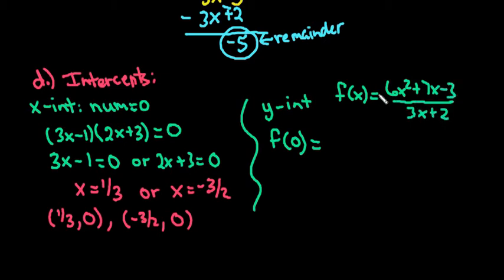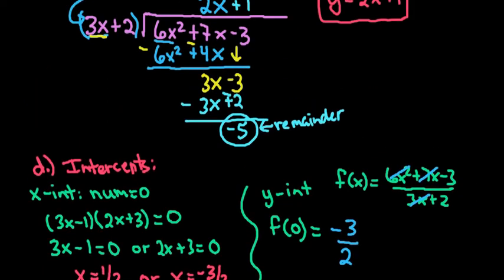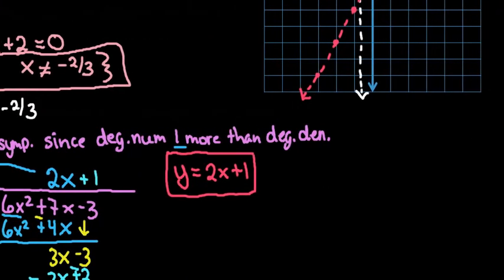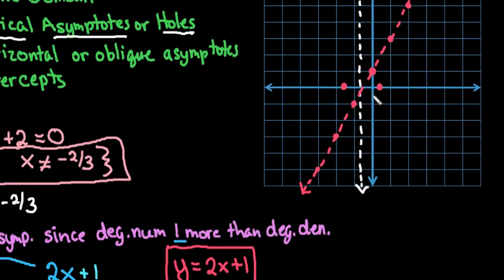So if I plug in a 0, the x squared term cancels out, the 7x term cancels out, and we're just left with -3/2. So if I come up to my graph and put my point on here, we get -3/2, which is -1.5.